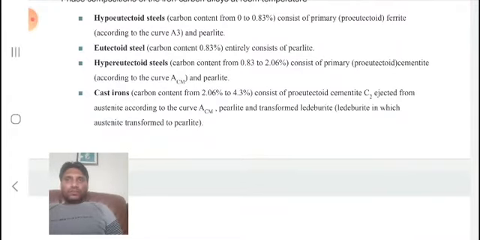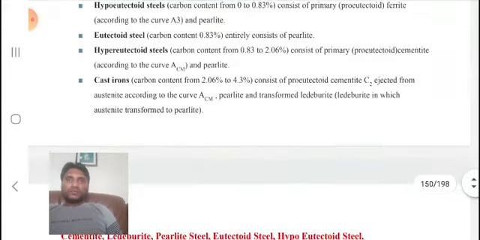2.06 to 4.3% irons are called hypoeutectic cast irons. So carbon content from 2 to 4.3 consists of pro-eutectoid cementite ejected from austenite according to the ACM curve, and perlite, and ledeburite is transformed to perlite.